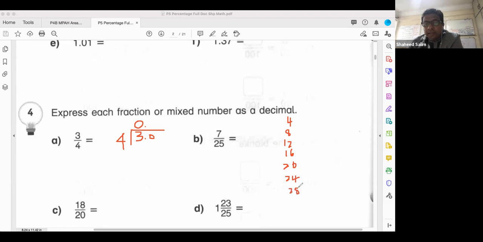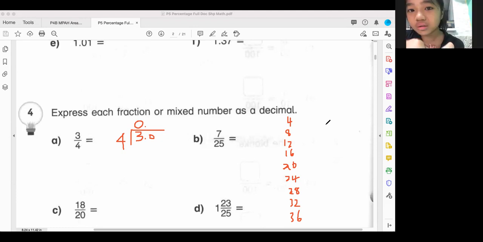What number lesser than 30 can divide by 4? Which one? You choose. The number closest to 30, but lesser. Closest to 30. 28. So we write 28 here.